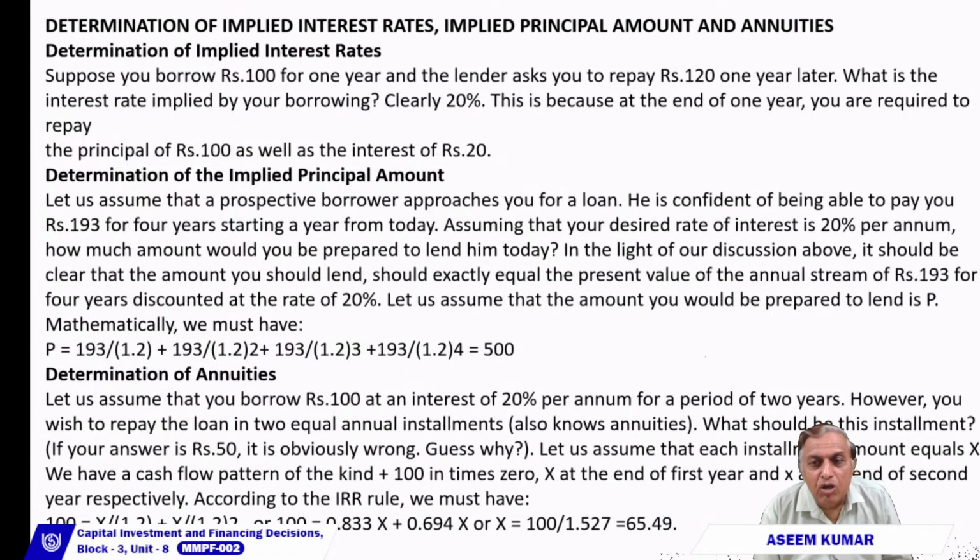Now, assuming that your desired rate of interest is 20% per annum, how much amount would you be prepared to lend him today? In the light of our discussion above, it should be clear that the amount you should lend should exactly equal the present value of the annual stream of rupees 193 for 4 years, discounted at the rate of 20%.